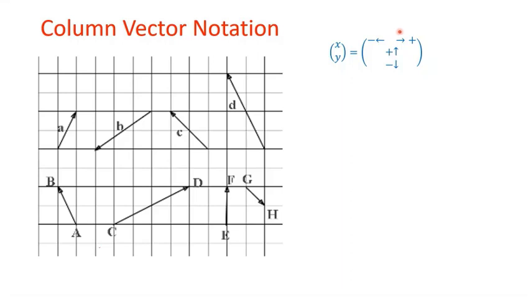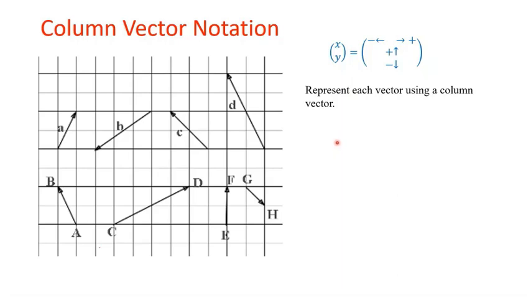So a right movement will be considered positive and a left movement will be considered negative. Similarly, for the y component, an upward movement will be considered positive and a downward movement will be considered negative.